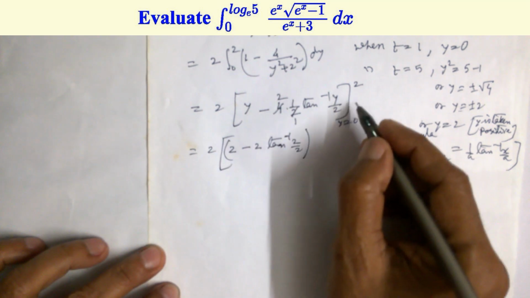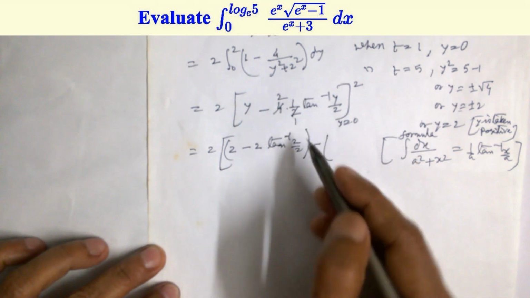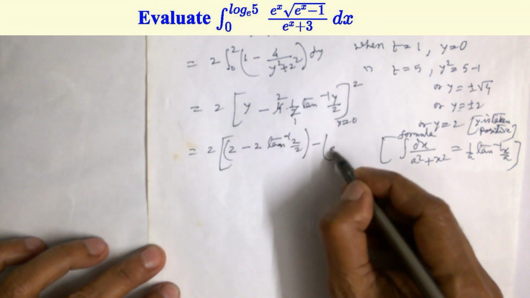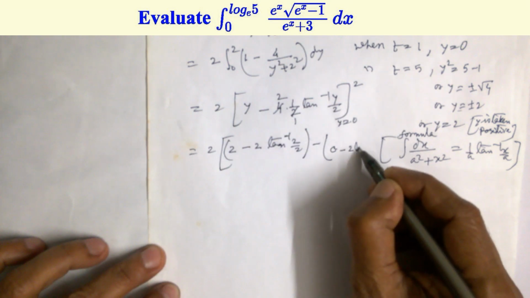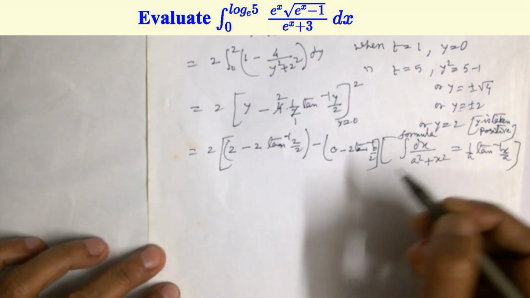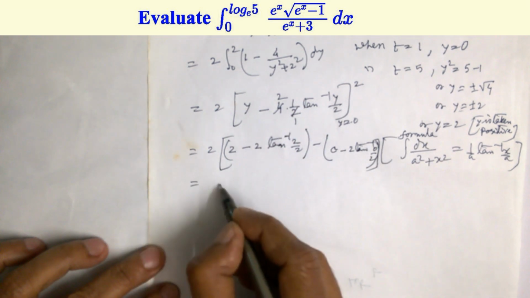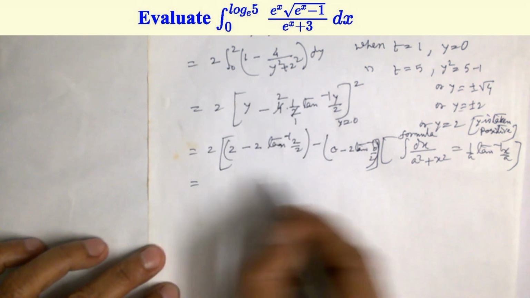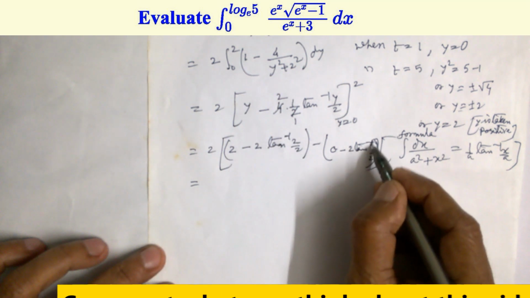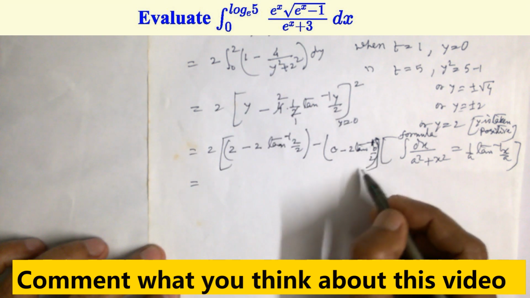Then minus, put y is equal to 0: minus 2 tan inverse 0 by 2, that is tan inverse 0, which is 0.